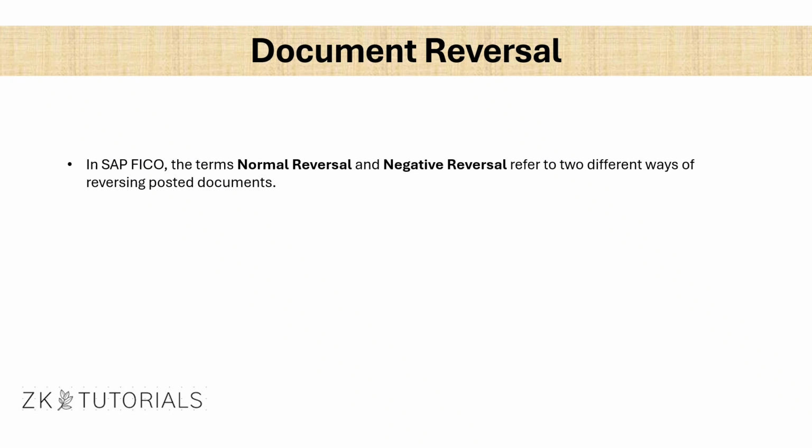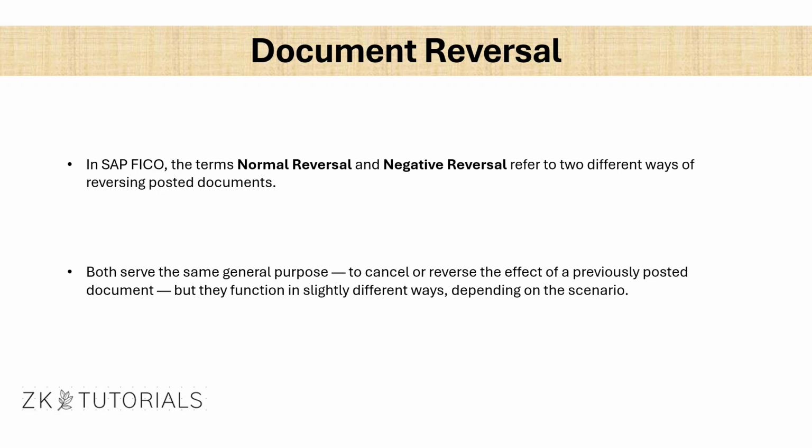So let us understand what is normal reversal and negative reversal. Both negative reversal as well as normal reversal have the same general purpose, to cancel or reverse the effect of a previously posted document, but they function in slightly different ways depending on the scenario.